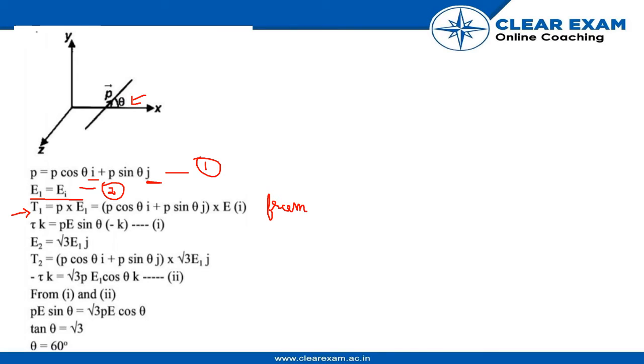So putting the values from the above, first and second, tau k is equal to P E sin theta minus k.